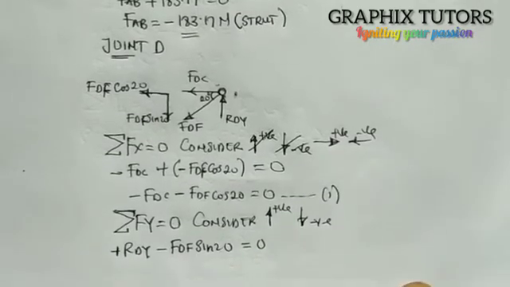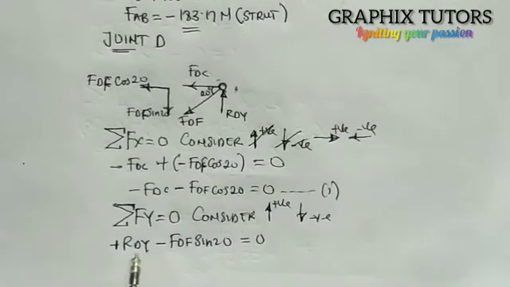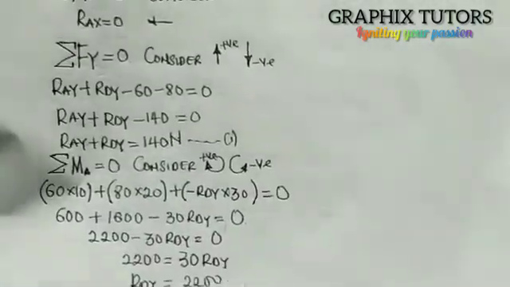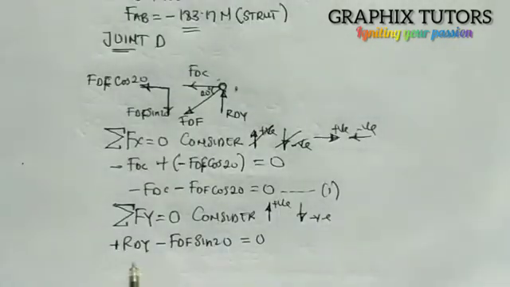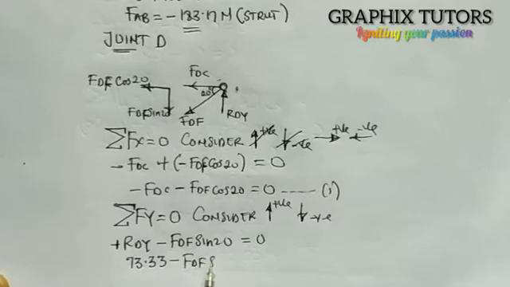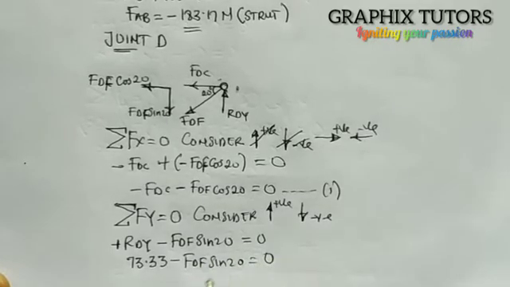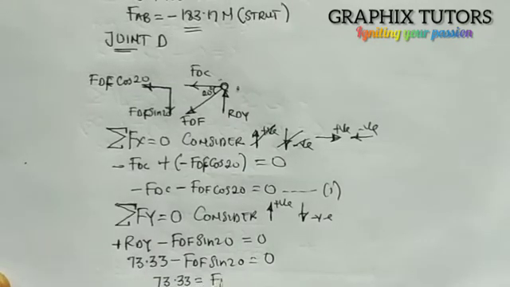From here, the arrow dy we calculated was 73.33. So we have 73.33 minus FDF sine 20 equals 0. Taking this to the other side, 73.33 equals FDF sine 20.